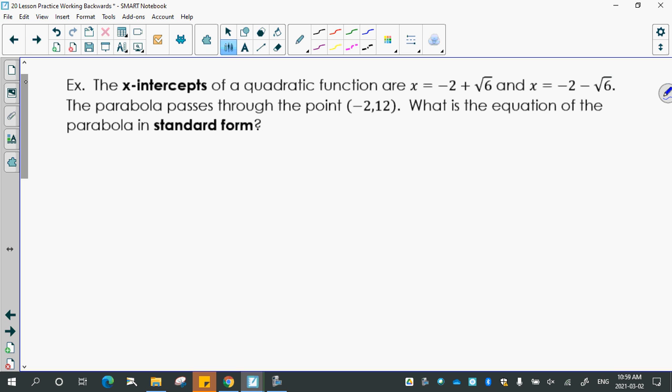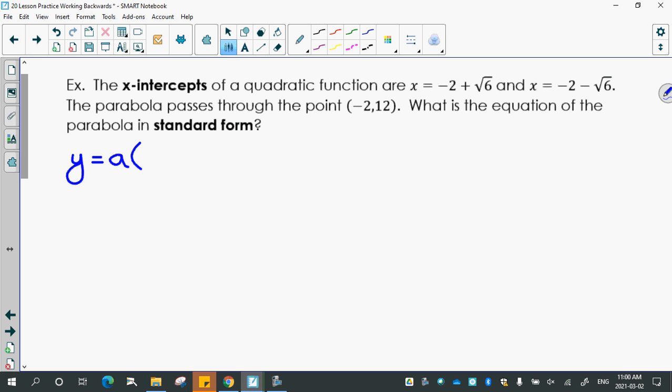All right, so with this one, the x-intercepts of a quadratic function are -2 plus root 6 and -2 minus root 6. So you guys know how to start off with the intercept form. That's what we did with the whiteboards. So what would your intercept form look like if we don't know A? We just leave A in there.